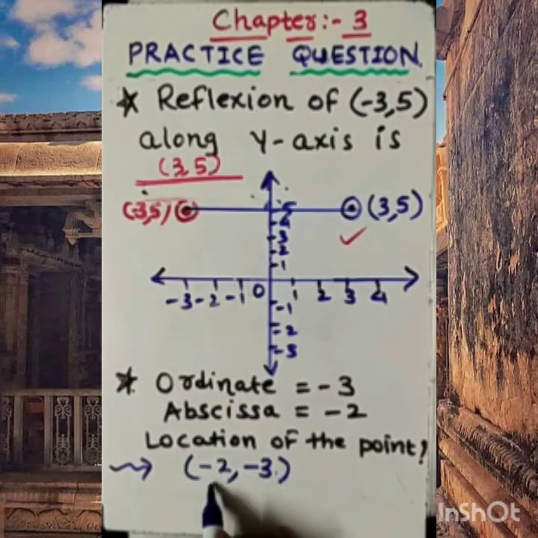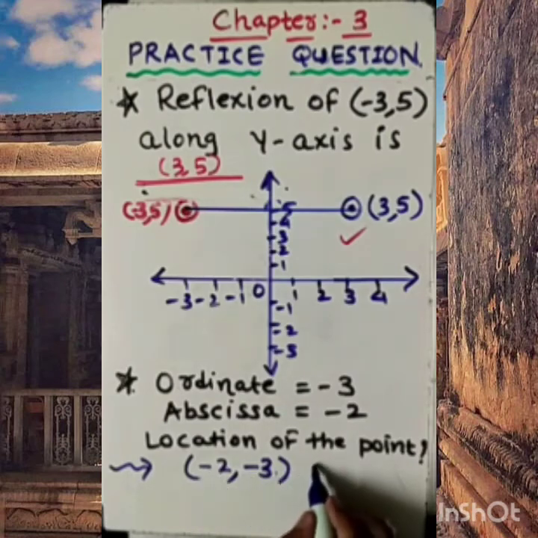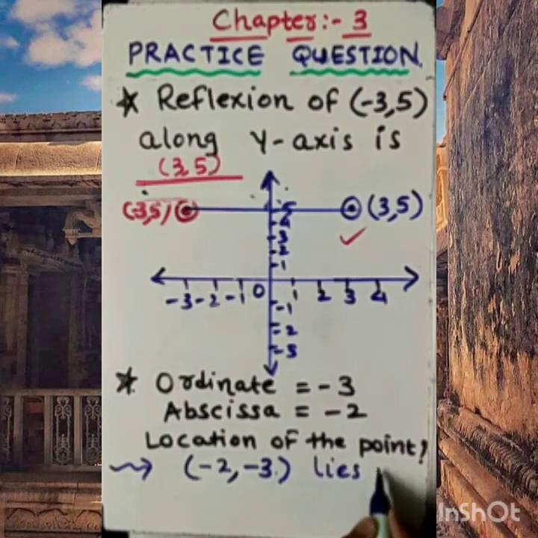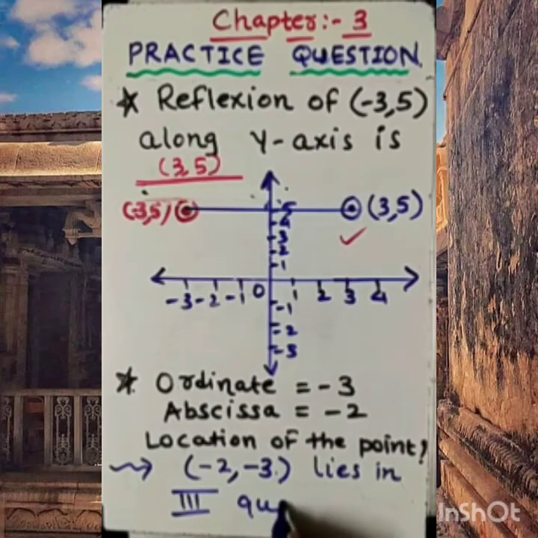Therefore the location for this point minus 2 comma minus 3 lies in third quadrant. Fine. Clear for you? So my dear student, from chapter 3, most probably whatever the extra practice questions which are very needful for the practice, I have taken here.